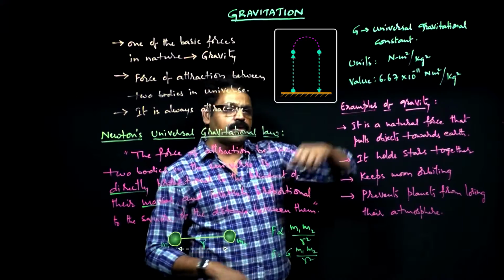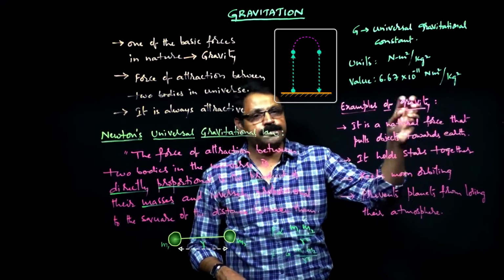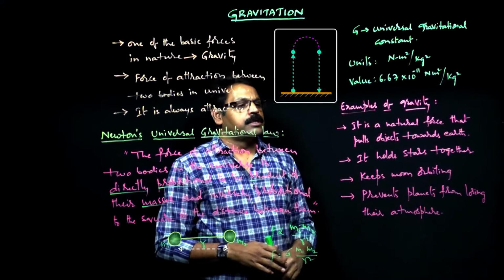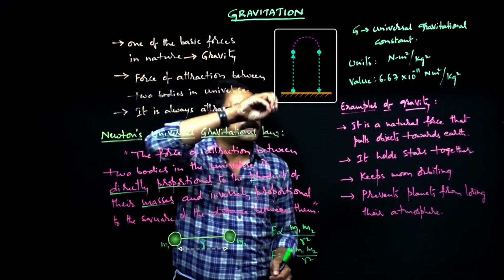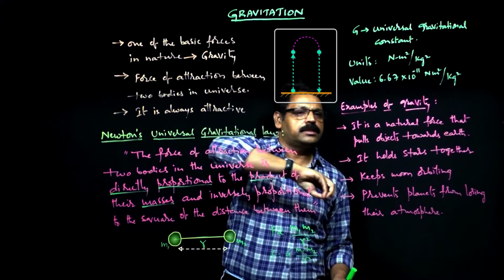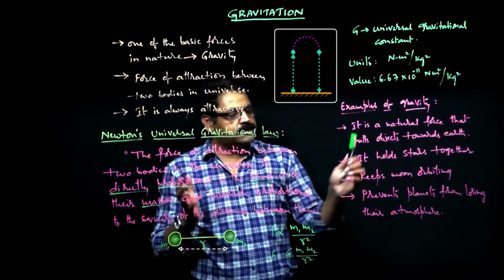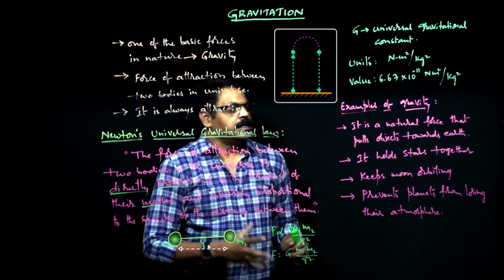So it can never go away from the earth as long as gravitational force is present, which is present to a certain extent, of course. Whenever objects are allowed to fall, they come towards the earth because of the gravitational pull. So gravity is the reason for their coming back towards the earth.